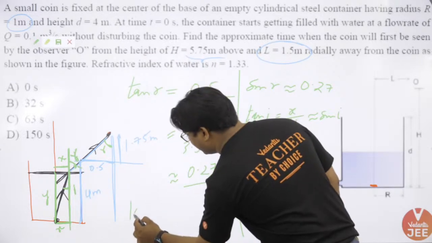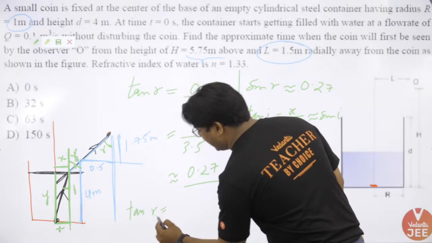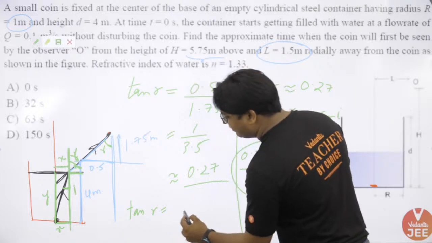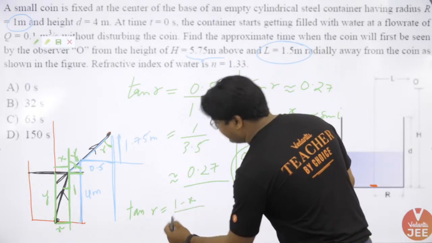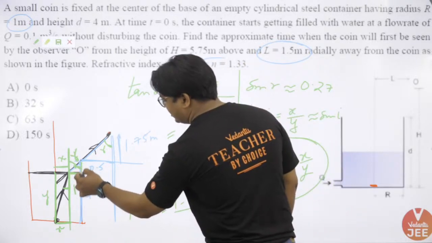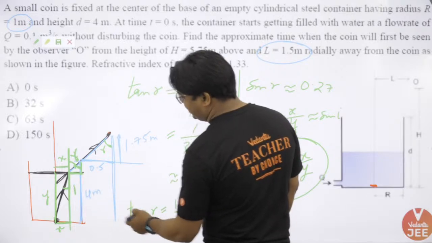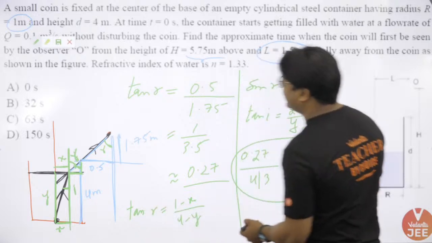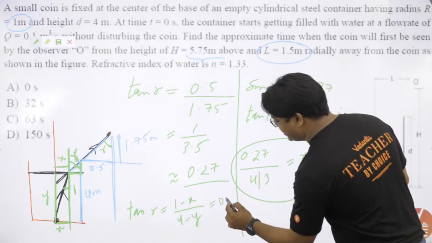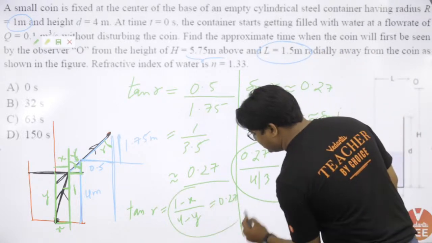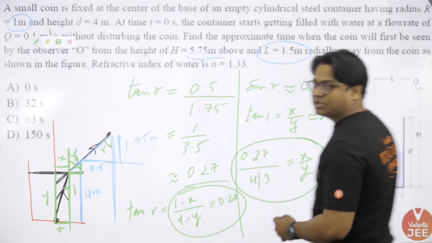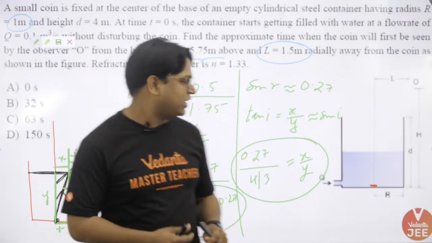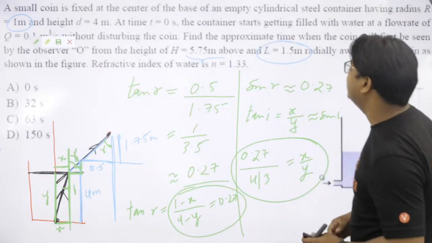So we can write one more thing for tan r. Tan r can also be written as this length, which is 1 minus x, divided by this length, which will be 4 minus y, and tan r is already known to us, approximately 0.27. So this is one equation, and this is another equation. Solving these two equations, we will get the values of x and y. We are specifically interested in the value of y.